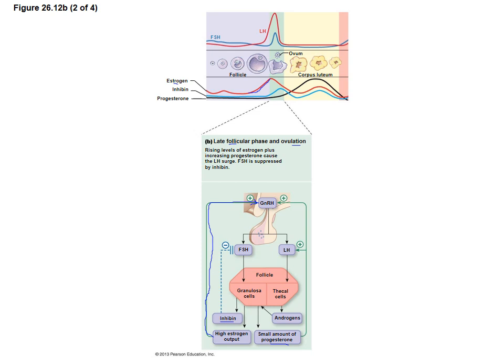So when estrogen reaches its peak and reaches a certain level, the negative feedback is switched into a positive feedback. This leads to the pre-ovulatory gonadotropin releasing hormone surge. There's no indication on the graph of the level of gonadotropin releasing hormone, but just before ovulation, there's a surge of gonadotropin releasing hormone.